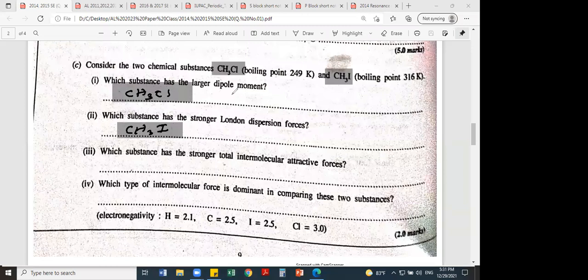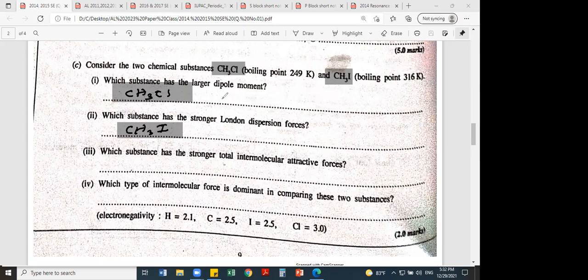For the dipole moment, you can write the C-Cl bond is more polar, the higher polarity of the carbon-chlorine bond. That is the reason. Just write it down within the reason.